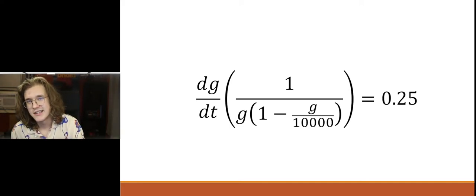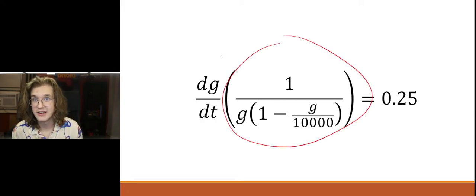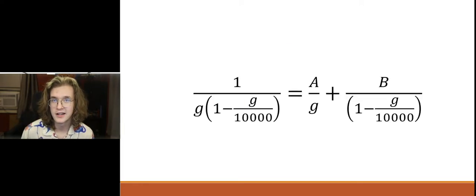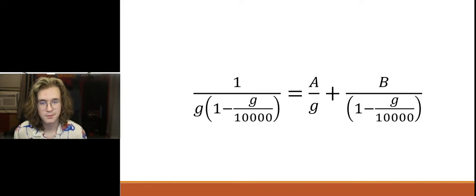And now this whole term looks very confusing. We have fractions and fractions. I don't know how I would integrate this. It'd be very difficult. So we're going to put that into a partial fraction decomposition in order to get it into some more simple terms that are easier to integrate.